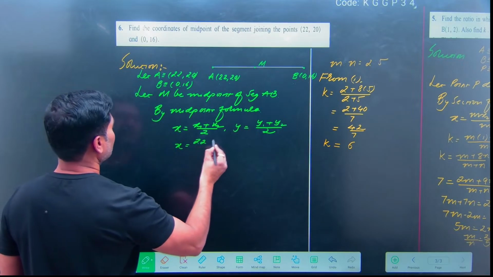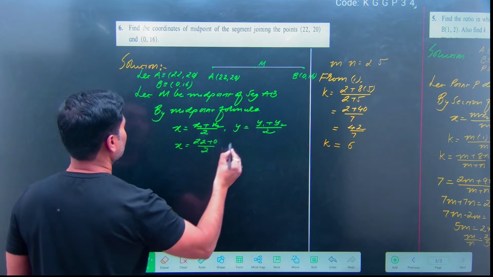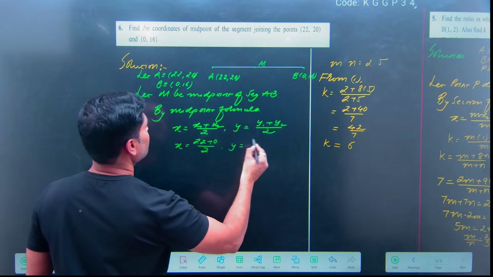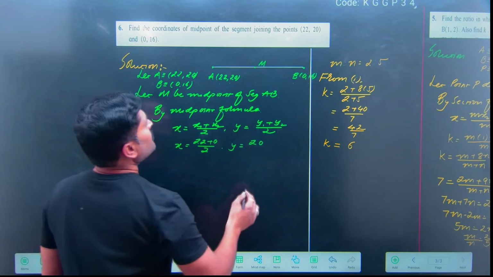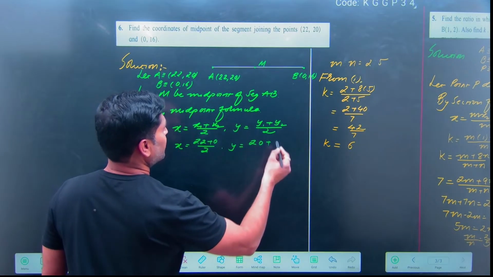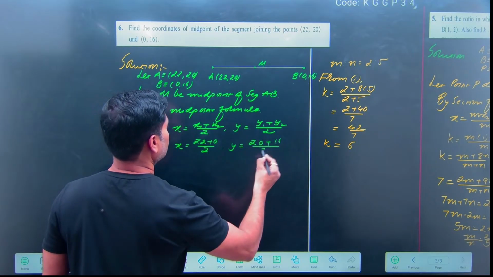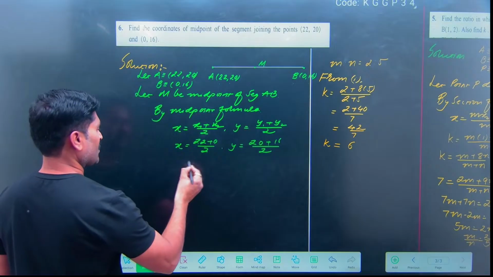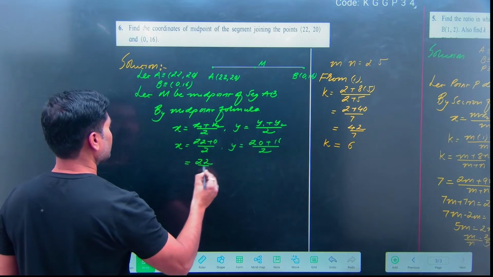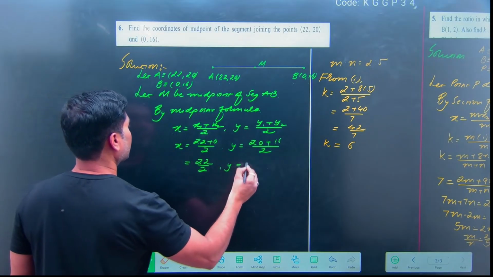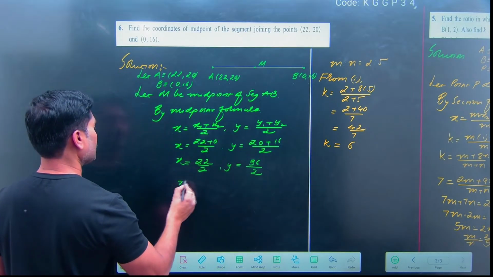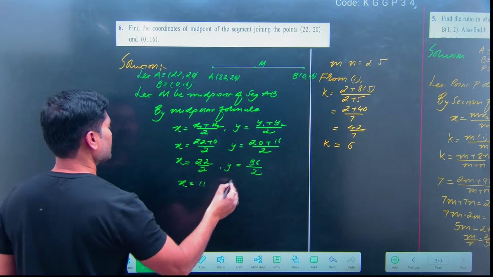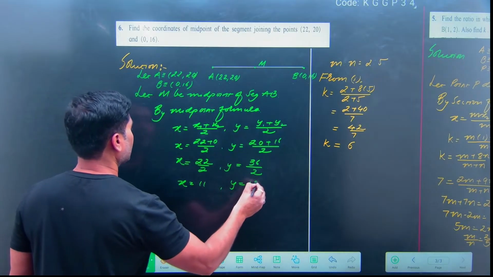So (22 plus 0) upon 2, y is equal to 20 as y1 and 16 as y2, upon 2. So 22 upon 2, and the y coordinate is 36 upon 2. So 2 ones are 2, 2 ones are 2, and that 2 nines are 18.